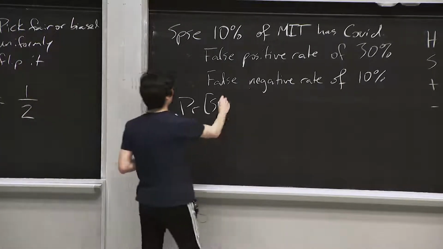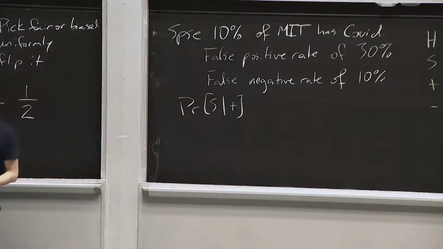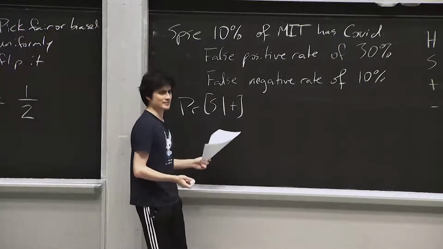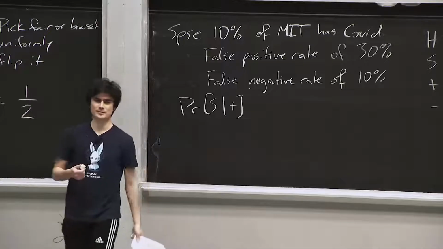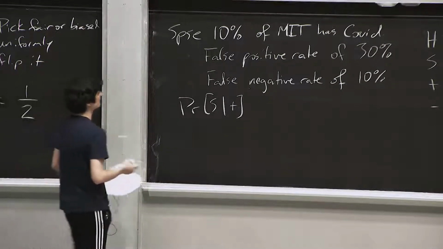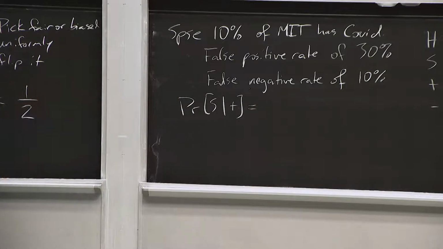Yeah. So S given positive. The unconditional probability of S is just 10% by assumption. What we're actually looking for is the probability that I'm sick, given that I tested positive, because that's the observation that we made. So how would we compute this?